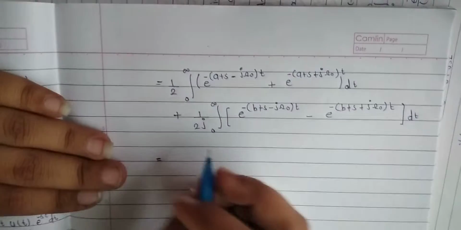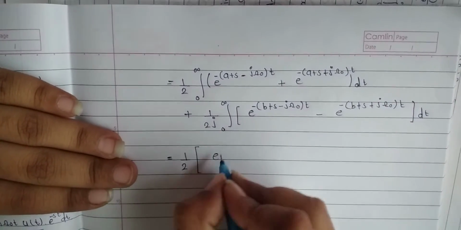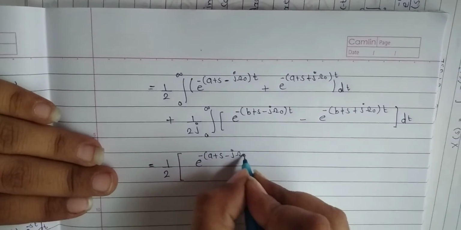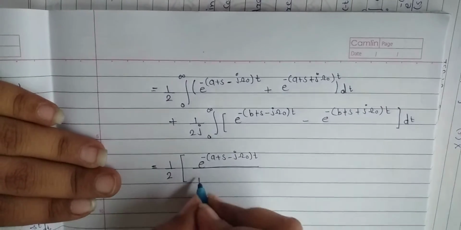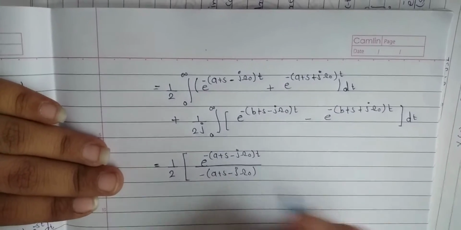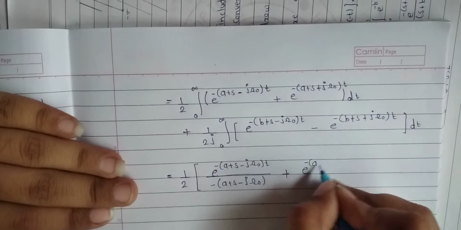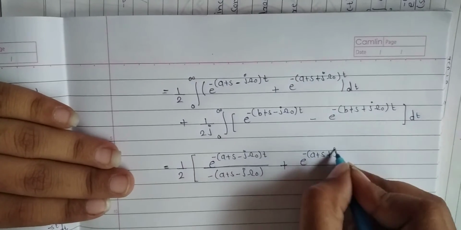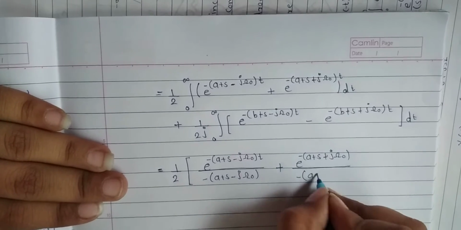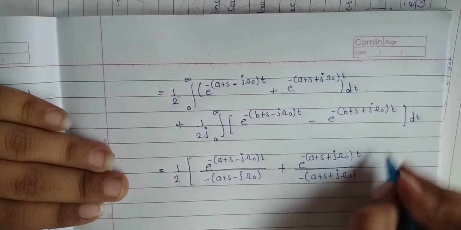Now I take the integration of this, so it becomes half in bracket e raised to minus (a plus s minus j omega naught) t divided by minus of (a plus s minus j omega naught) plus e raised to minus (a plus s plus j omega naught) t divided by minus of (a plus s plus j omega naught). Sorry, here t is remaining.